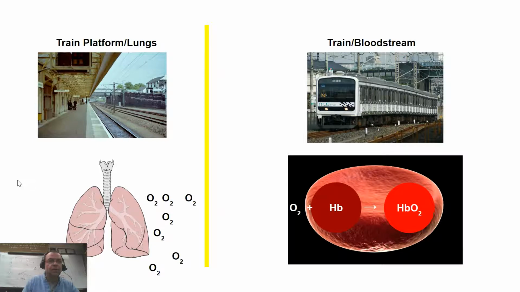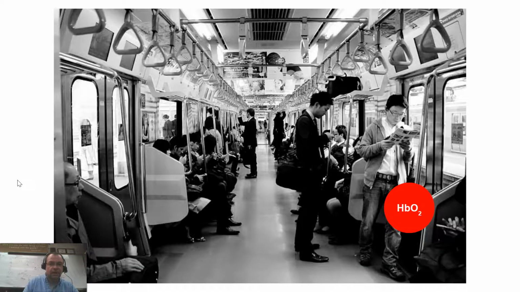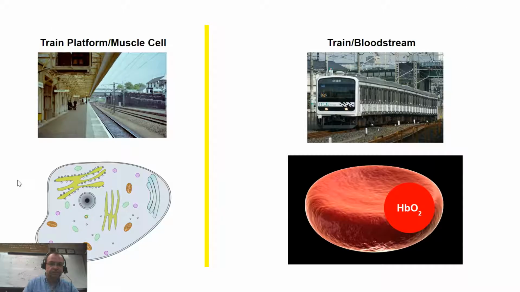You'll notice the hemoglobin turned bright red because when there are one or multiple oxygen atoms attached to hemoglobin, it turns bright red. Now that oxygenated hemoglobin is going to go for a ride and be on the train for a little while. Now we end up down at the muscle cell in the tissues.